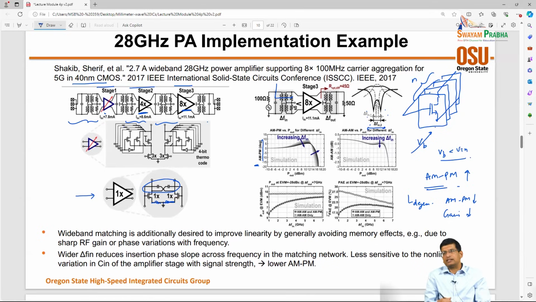And what they see is that if they separate the resonance frequencies, the rate of change of phase with frequency is reduced, and so it is less sensitive to changes in Cin. That's the basic argument that is made, right. But overall then this analysis says that the resonant load in the transformation should have a certain delta F that basically gives me a low AM to PM.